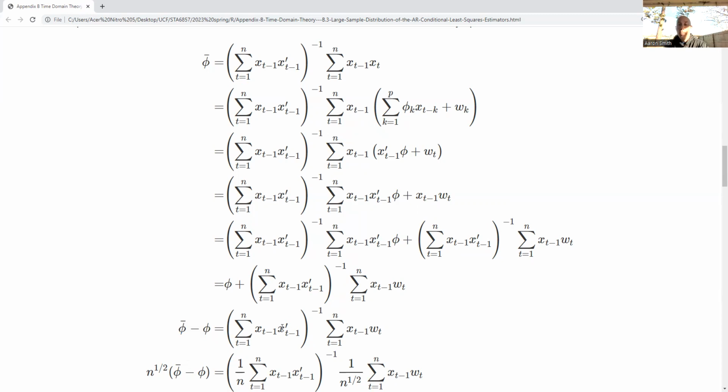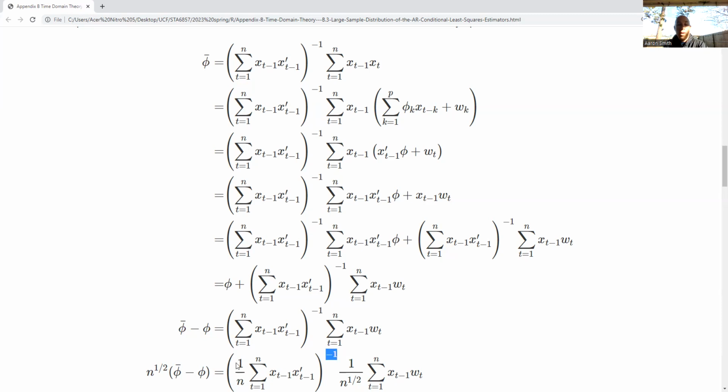Now what I'm going to do is, for things that we're going to be doing later on for that distribution aspect, I'm going to go ahead and multiply both sides by n to the power of 1/2, the square root of n. Now, notice I've got 1 over n on the inside of an inverse.